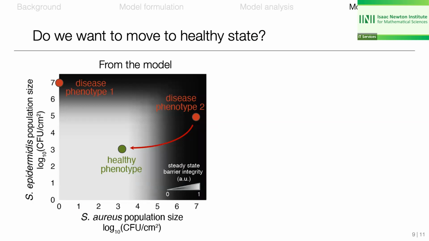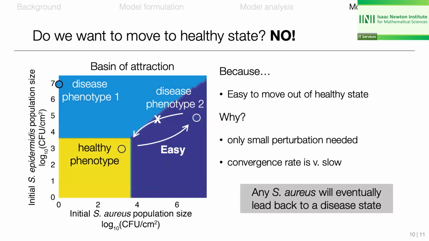To do this, we looked at the basin of attraction for these stable states. In these plots, I started the ODE simulations from different population sizes and looked at where the steady states they converge to. So all of the initial conditions in this region would converge to here and so on.